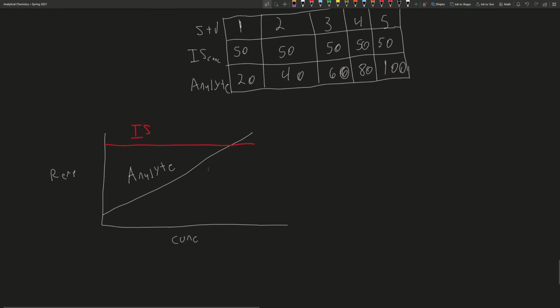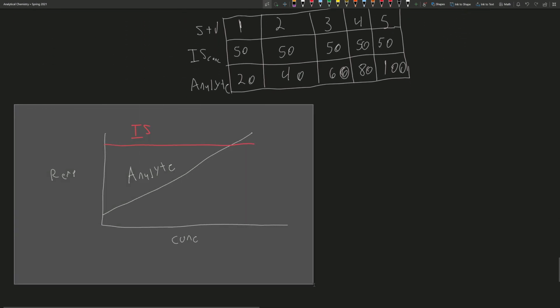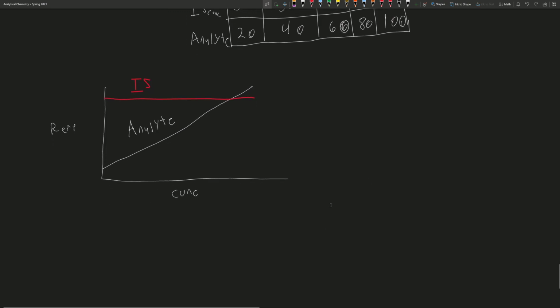So this is not what we actually do. What we actually do is we will take a graph, and it will be of concentration.